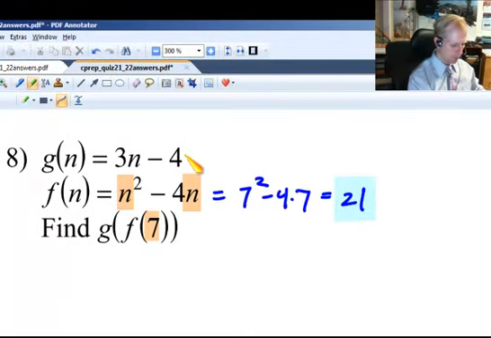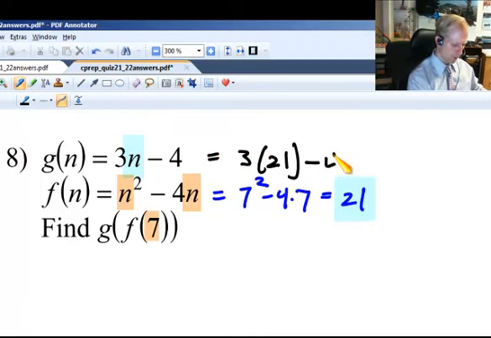Alright, now I take the 21 and it goes in for the variable above it. So I get 3 times 21 minus 4, and that's 63 minus 4, and that is 59.